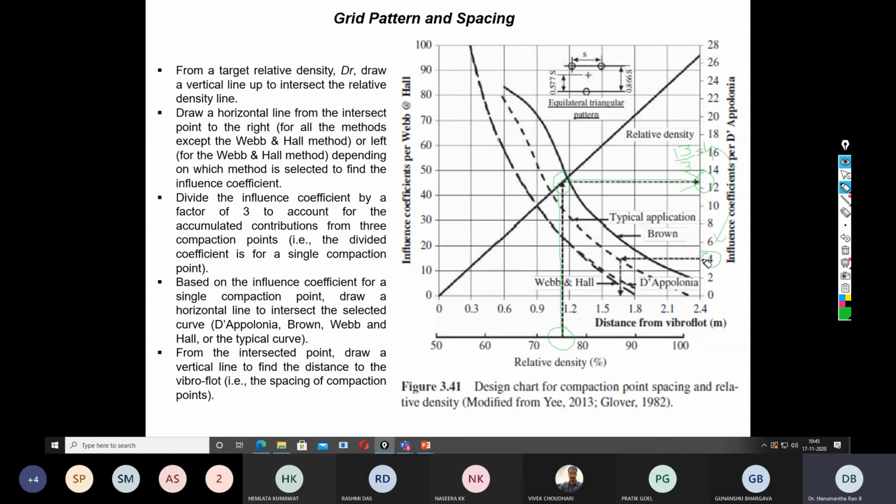From there draw another horizontal line onto the curves proposed by different people such as Brown, Webb and Hall, D'Apollonia. Wherever this horizontal line intersects the curve, from there draw another vertical line onto the x-axis. Read this x-axis value, which is nothing but the spacing to be adopted for the vibroflotation technique. So this is as simple as possible.